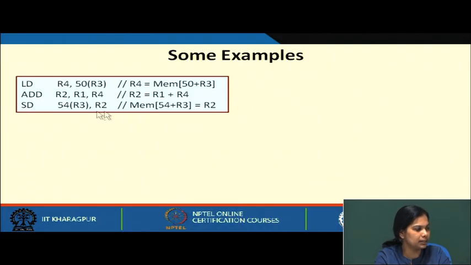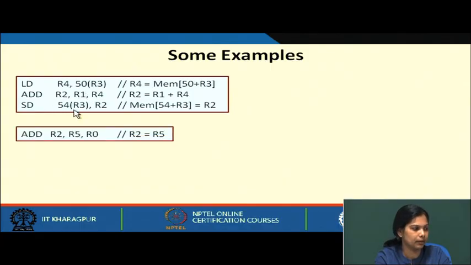Similarly, storing means we need to store R2 into this particular location, that is 50 plus R3. There is no move instruction, so how will you move data? If you want to move data from R5 to R2, all you can do is add R5 with R0 and store it in R2. So, R5 is moved to R2.